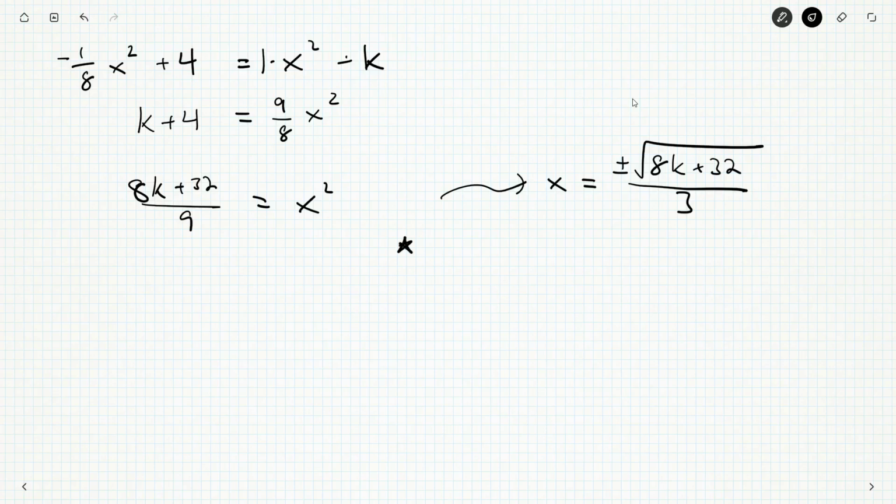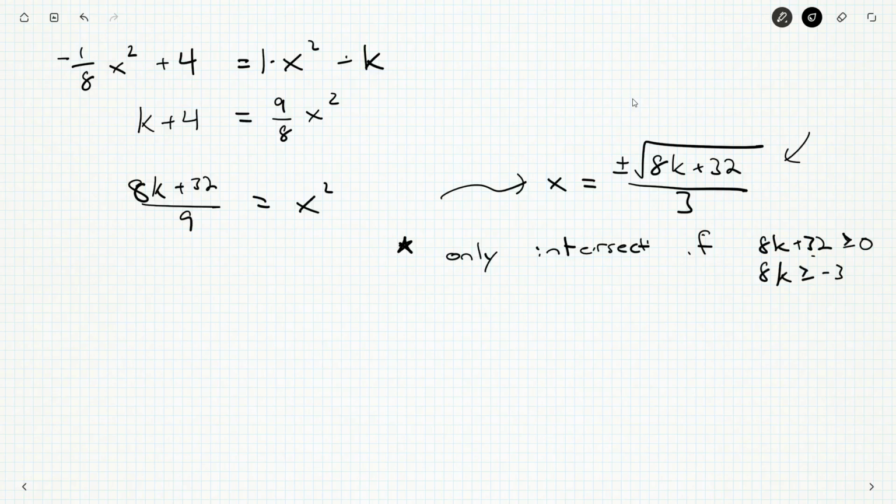Now, we should make a note that they only intersect if you can actually take the square root. So 8k plus 32 has to be greater than or equal to 0, because if it's negative, that's not going to work out so well. And so that means 8k has to be greater than or equal to negative 32, or k has to be greater than or equal to negative 4.